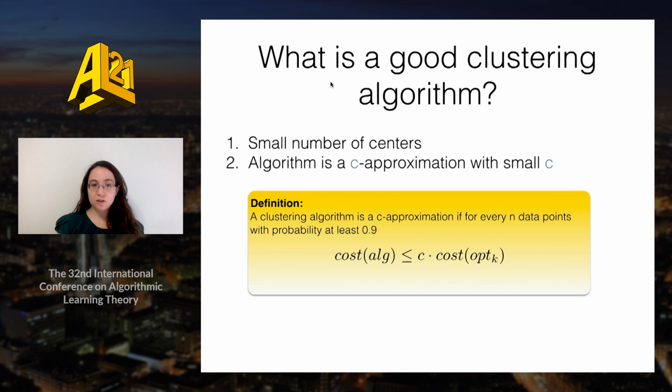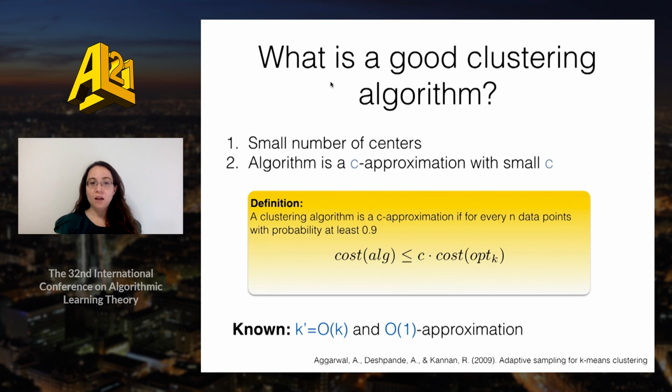So what we want is that the algorithm returns a clustering, with probability at least 0.9, with cost at most c times the optimal one, where the number of centers is k. So this is how we judge how good the clustering algorithm is. Solving this problem is known, so it's known how to solve the problem with O of k centers and O of 1 approximation.